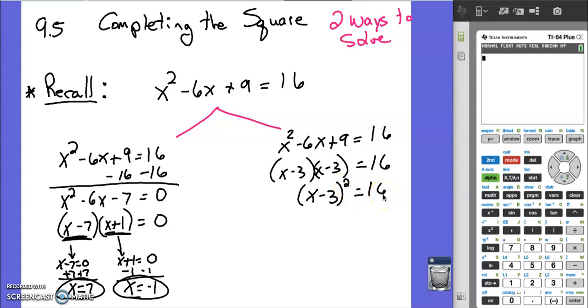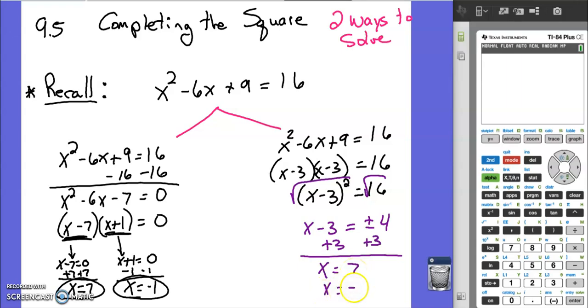And then once I get to this step, to get rid of that square, you can square root both sides. And so this is going to be x minus 3 equals plus or minus 4. And then you're going to add 3 to both sides. 3 plus 4 is 7. And then 3 minus 4 is -1.